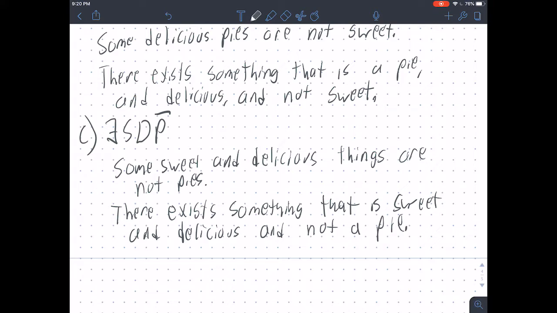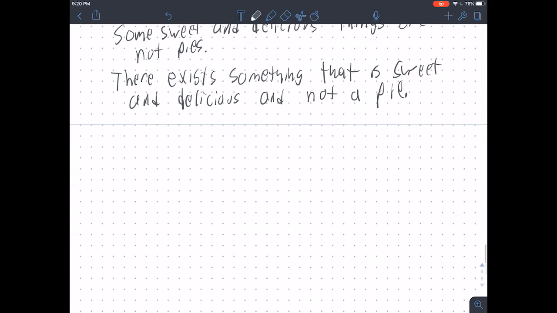Again, the most literal translation, based on the fact that it's a conjunction here, is probably there exists something that is sweet and delicious and not a pie. These are kind of messy for doing translations. I'm just trying to get you to understand how to understand the backwards E.